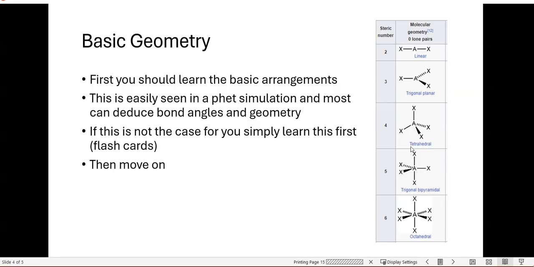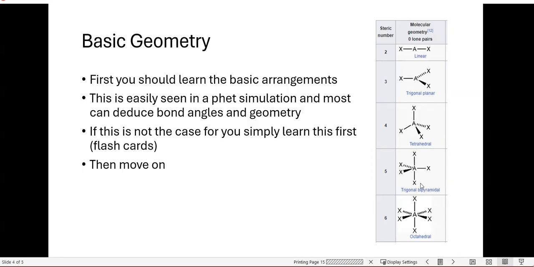To get to this shape with the steric number 5, which is what we started with, you just imagine starting with trigonal planar and you come from the top and the bottom, and those two forces cancel out, and we can easily see trigonal bipyramid. Here is what's special: when we have 5, we have two different bond angles. We have 90 from the ones coming up and on the bottom, and then 120 in the plane.